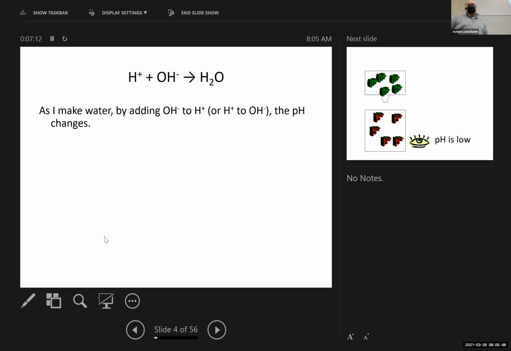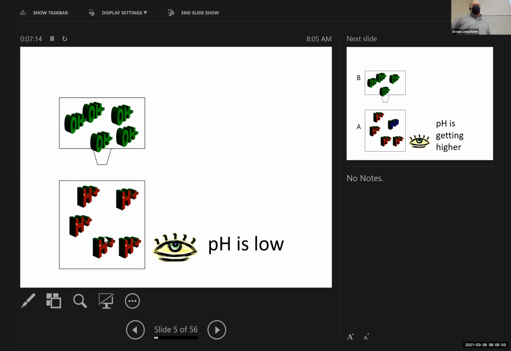And the issue really boils down to this, right? If I start with my solution of unknown acid, it's going to have a pH less than 7. How much less than 7 is going to depend on how much acid, right? And frankly, how strong an acid it is, right?